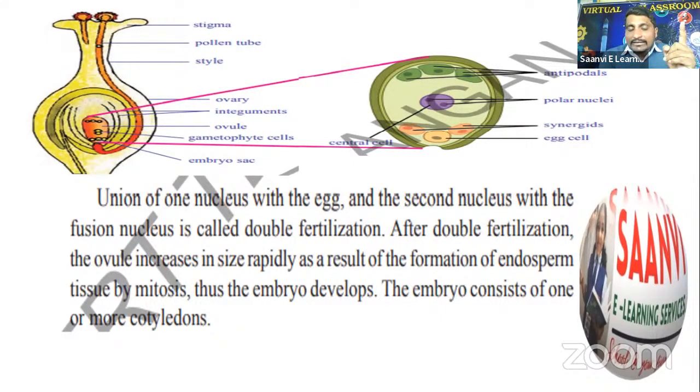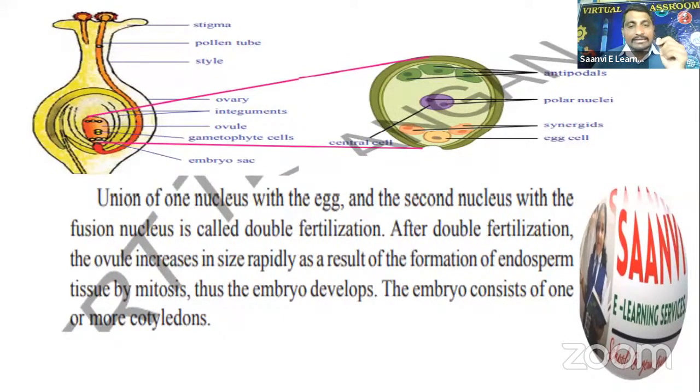Once fertilization is completed, the second nucleus also fertilizes with the fusion nucleus. So that is called double fertilization. Fertilization is taking place two times, that is double fertilization.